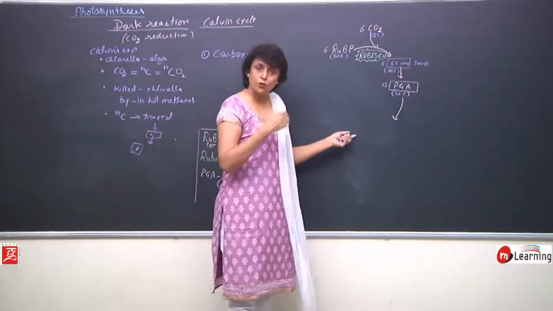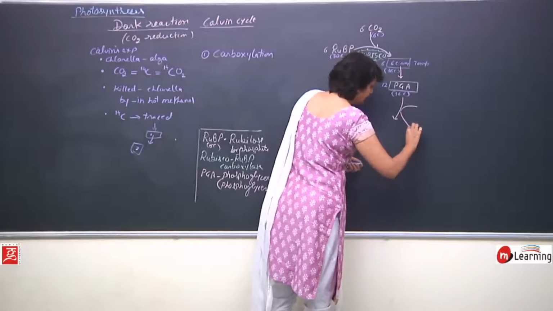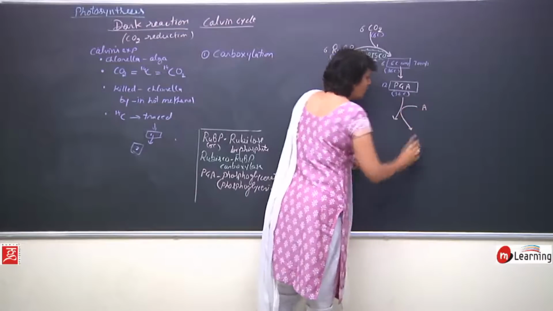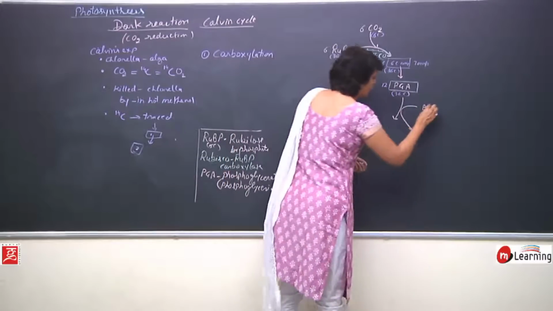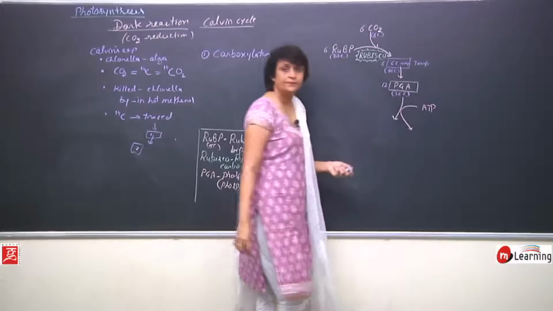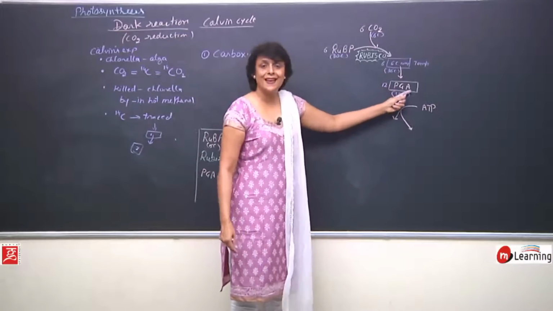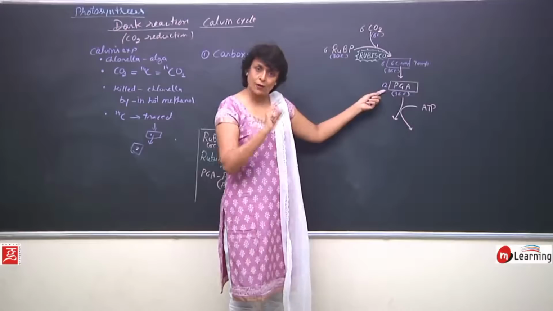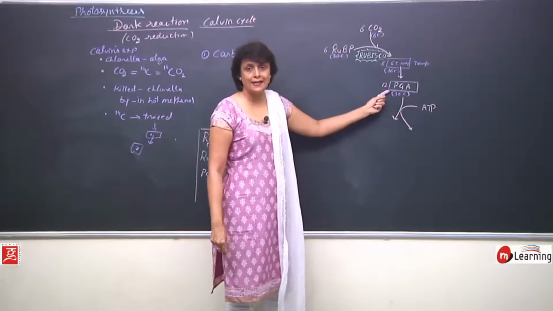That means one more phosphate will get added. The molecule which is going to supply phosphorus is ATP. This glyceric acid already has one phosphorus. One more phosphorus will get added to it.